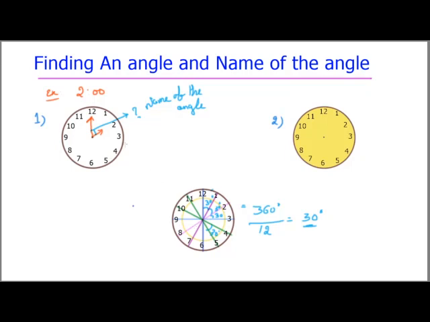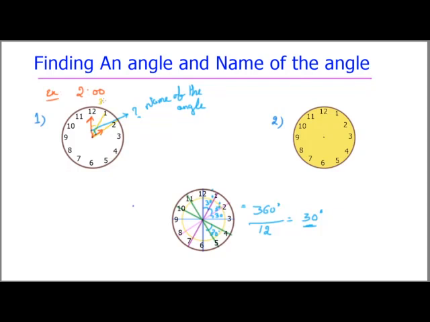Now based on this, see how much angle is formed here. 12 to 1, just draw one small line. To avoid confusion, I will draw in another color. See here, 12 to 1 is one part and 1 to 2 is another part, correct?